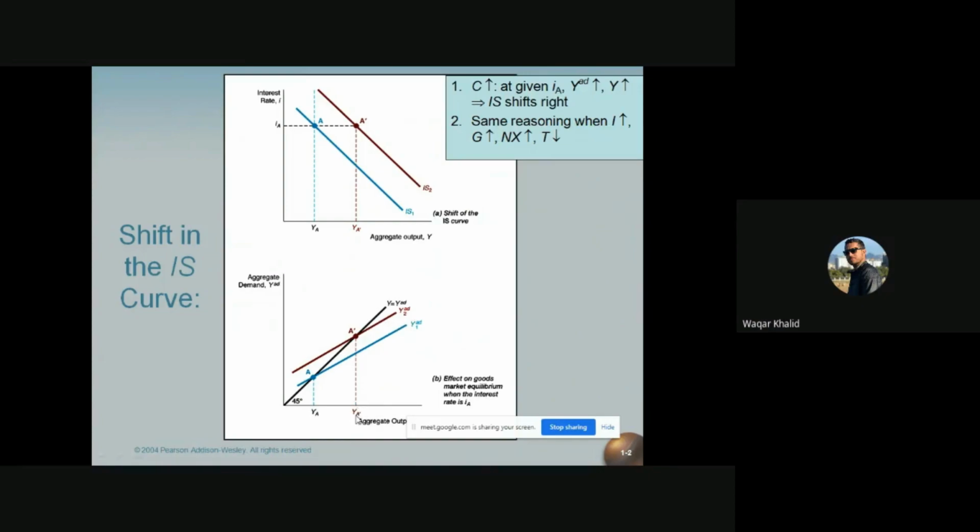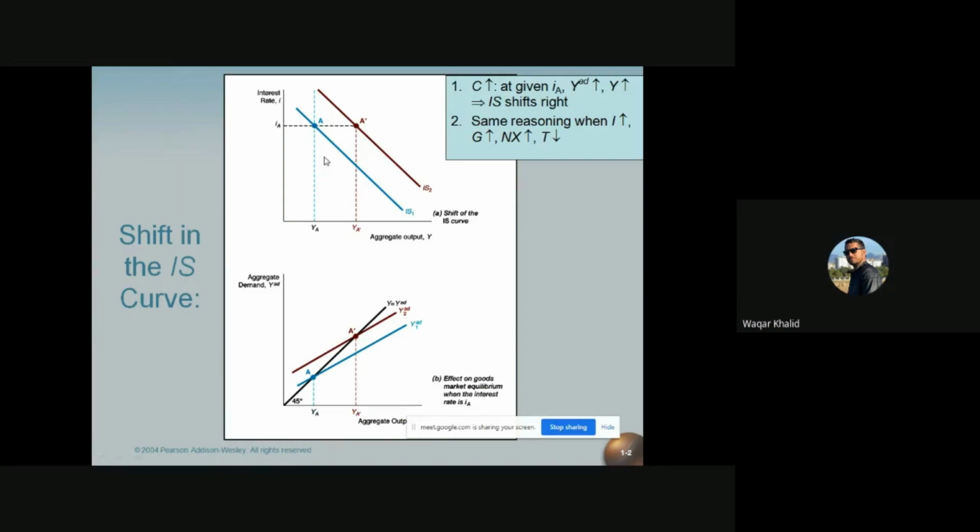And now we have the equilibrium level of output at YA dash. This is the new equilibrium level of output, and this is the new equilibrium point where Y2AD is equal to Y at point A dash, and we have YA dash, the aggregate level of output. The rise in equilibrium output from YA to YA dash when the interest rate iA is plotted in panel A. Look, there is a change.